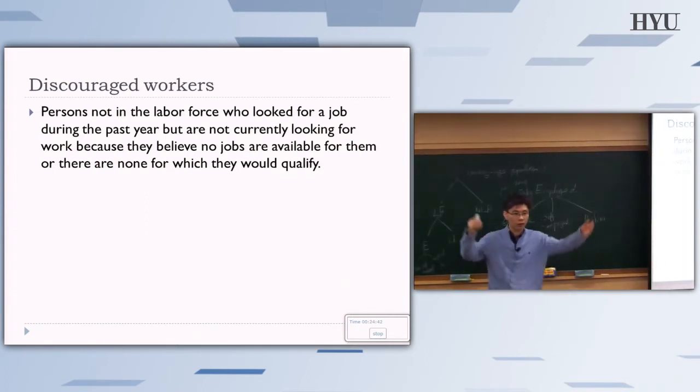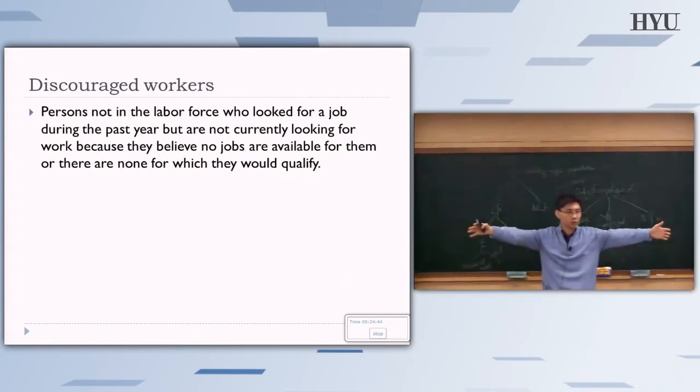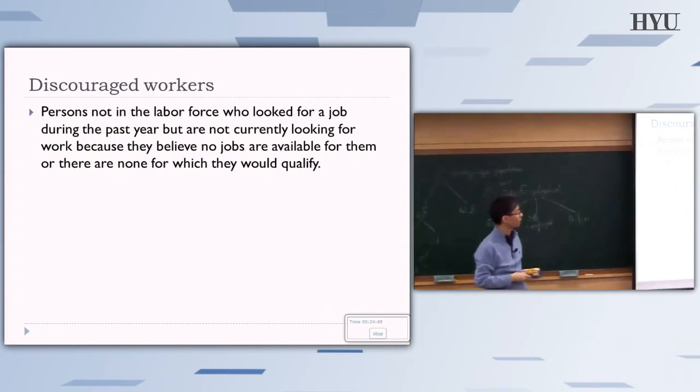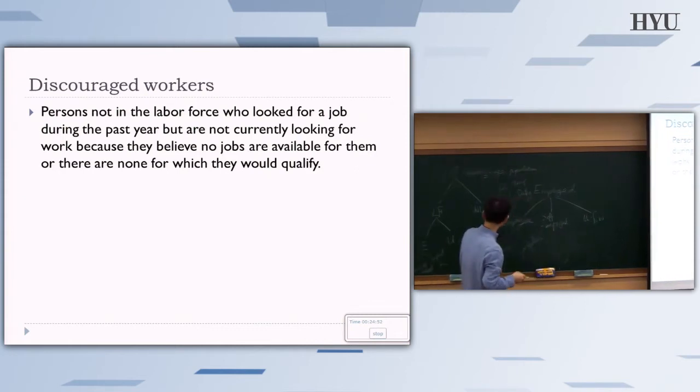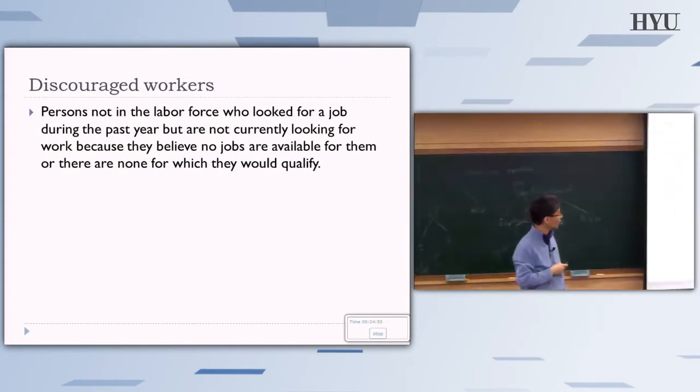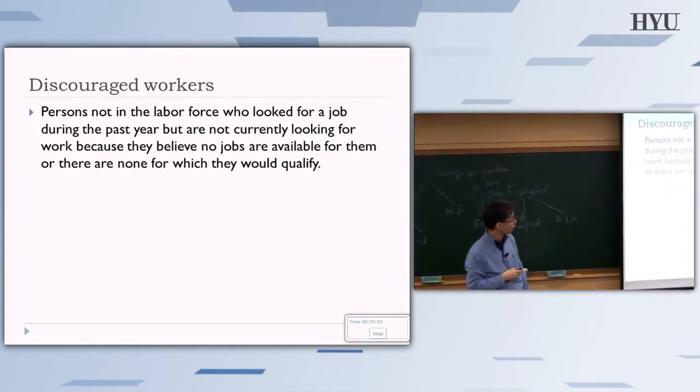So within the last year, this person at one point looked for a job, but is not currently looking for work now, so not unemployed. So out of the labor force. Why did they stop looking for a job? Because they believe no jobs are available for them, or there are none for which they would qualify.